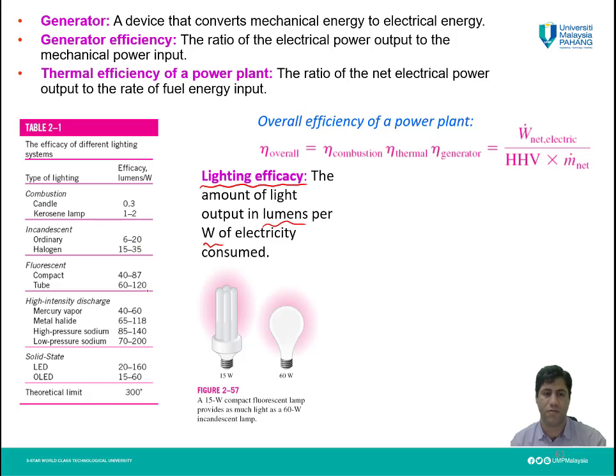You can see different sources of light and their efficacy, and the theoretical limit is 300, according to some calculation.